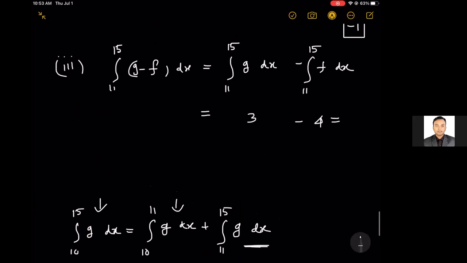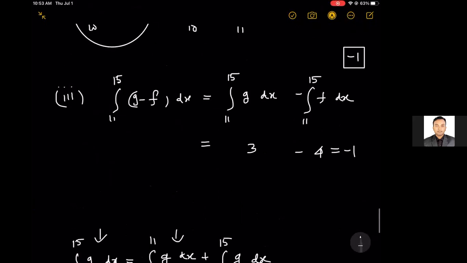So your answer was absolutely right. It's indeed -1. Any question from this one? Although the method is exactly the same. We're just replacing some values, right?